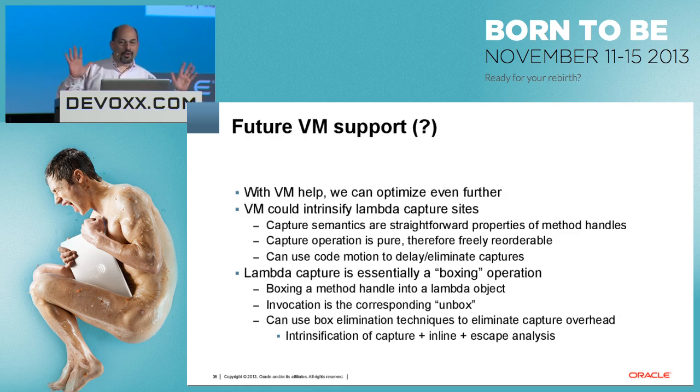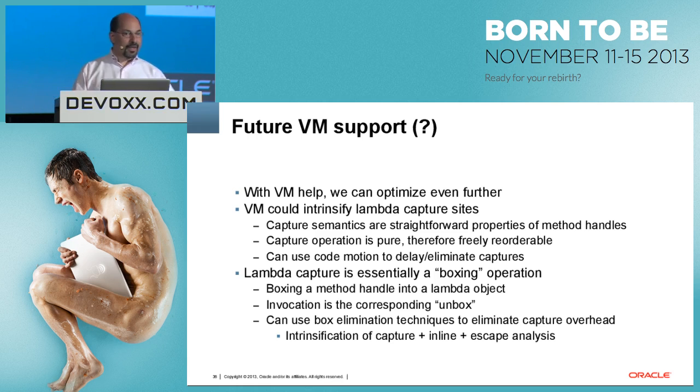So a little bit of crystal ball gazing here. How might future VM support make this even better? One of my favorite tricks that we have on the drawing board is the VM could recognize these lambda capture sites. It could say, oh, there's an invokedynamic whose bootstrap is the LambdaMetafactory, and it just so happens by total accident that the semantics of a lambda capture site generated by the Java compiler match exactly to certain method handle algebra semantics.